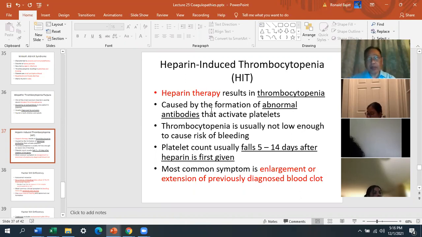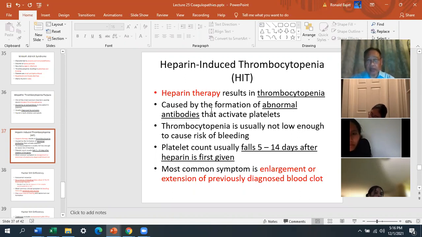And the thrombocytopenia usually is not that critically low, but it will just cause a reduction of your platelet count. Okay, and that's the HIT, heparin-induced thrombocytopenia. And the platelet count usually falls 5 to 2 weeks after heparin is first given. So you can be in the ICU for an extensive period of time, and after your discharge they run a CBC.